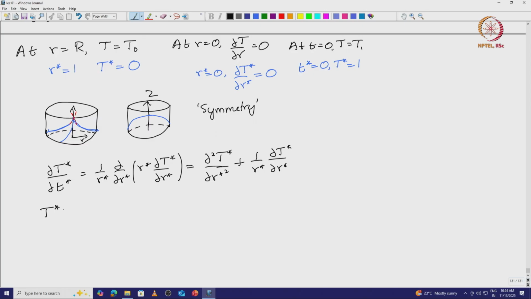Write down T star is equal to some function f of r star times g of t star. Substitute into the equation and I will get f partial g by partial t star is equal to g into the second derivative of f. These should be total derivatives because one side is only a function of r and the other side is only a function of t. So, I should write this dg by dt star.